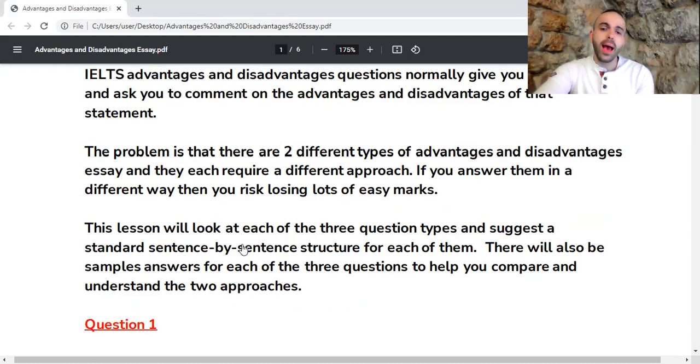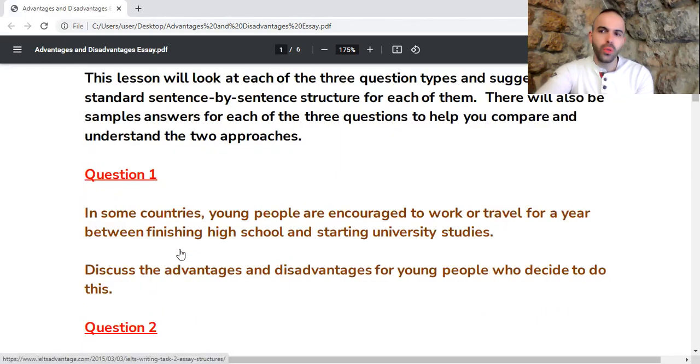This lesson will look at each of the 2 question types and suggest a standard sentence-by-sentence structure for each of them. There will also be sample answers for each of the 2 questions, to help you compare and understand the 2 approaches.